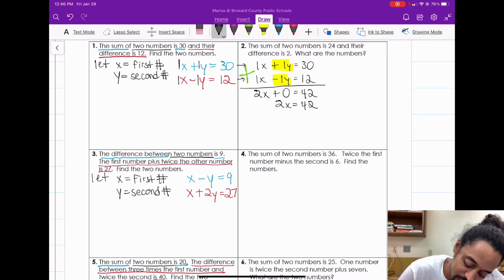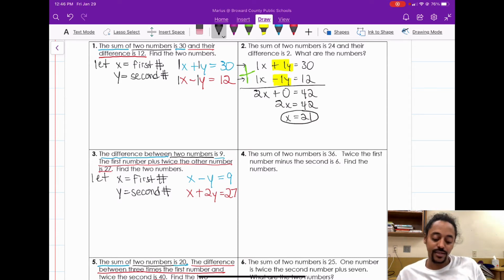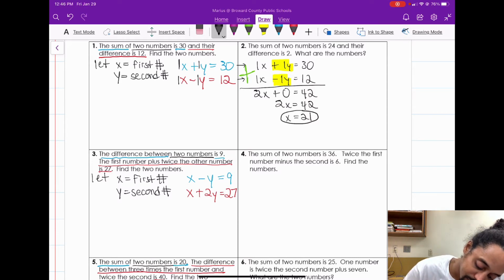Divide both sides by 2, and x is equal to 21. Now that we know that x is equal to 21, we want to plug that back into one of the equations. I'm going to plug it into the second one. So we have 1x minus 1y equals 12.